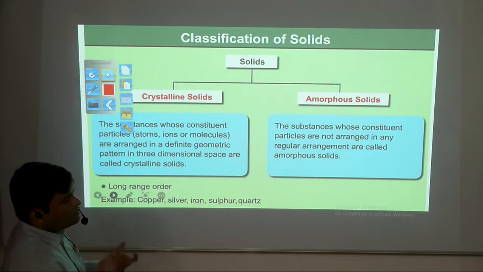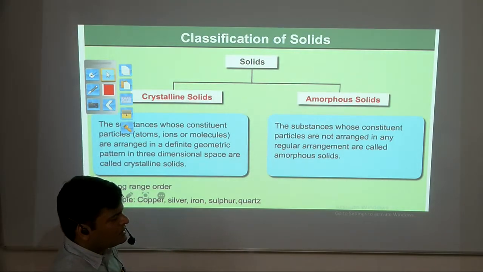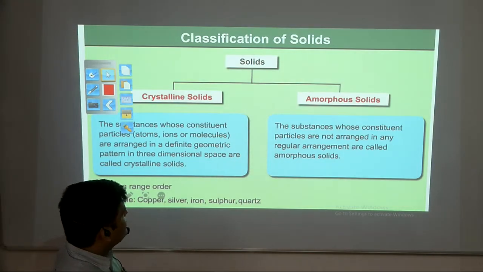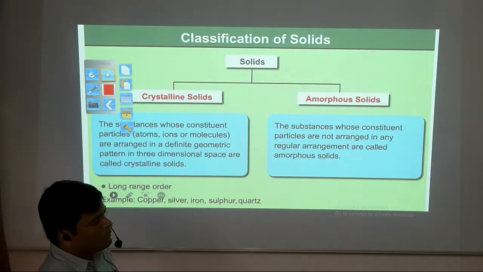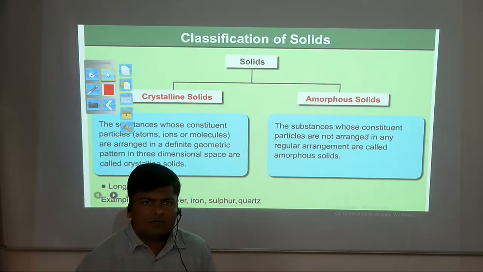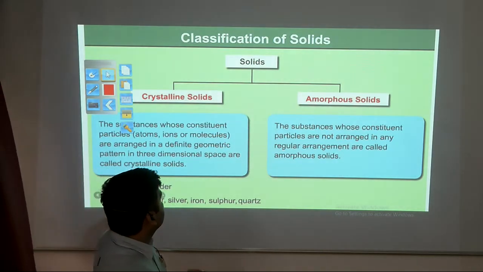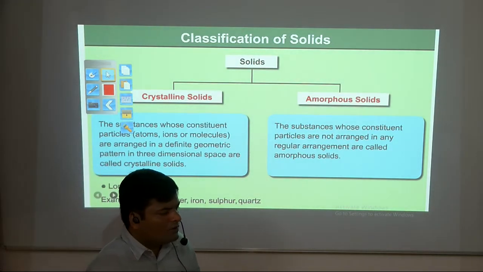Now, as we are going to focus on crystal physics, crystal physics is a branch of physics which deals with the study of solids. So from now onwards we will focus on solids, and we know solids are classified into mainly two types: crystalline solids and amorphous solids.